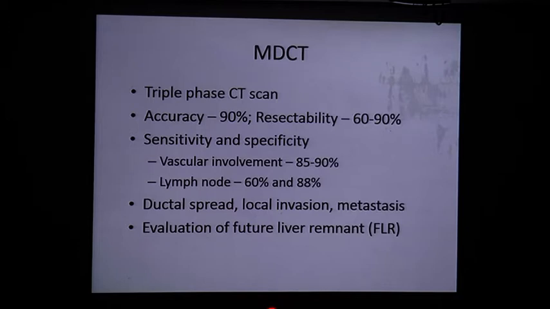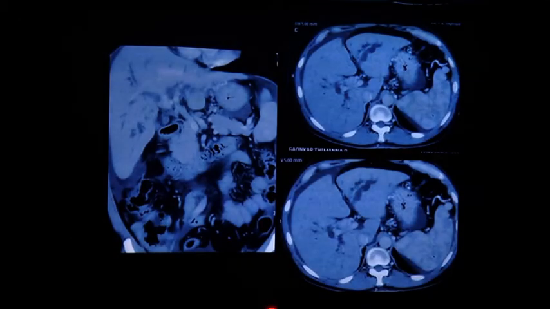Apart from the disease involvement, we also need to know that if this much liver is to be removed, that is right liver or an extended right, the remnant liver is equally important now. And whether that is adequate for good functioning. And this is a new dimension in our understanding of how we treat hilar cholangiocarcinomas, that we have started paying attention to the remnant liver, and we need to ensure that that is good enough.